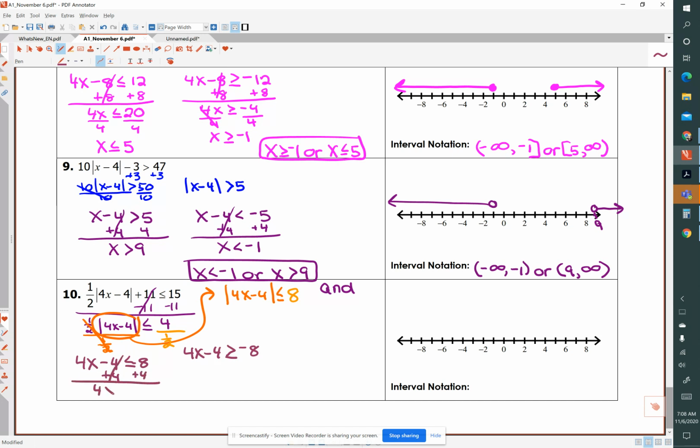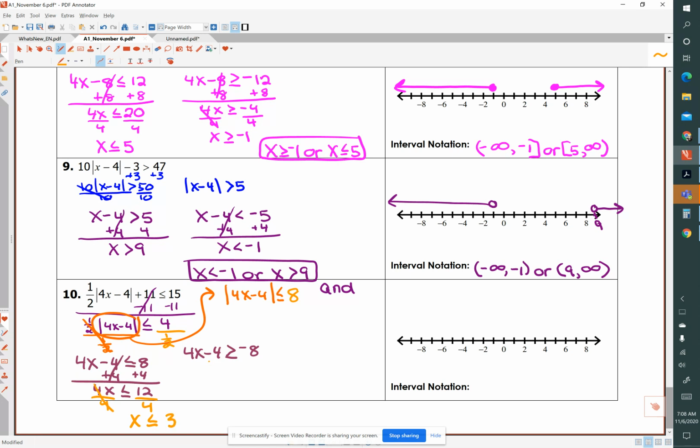And 4x is less than or equal to 8 plus 4, which is 12. Let's change color. We're going to divide both sides by 4. And x is less than or equal to 3.